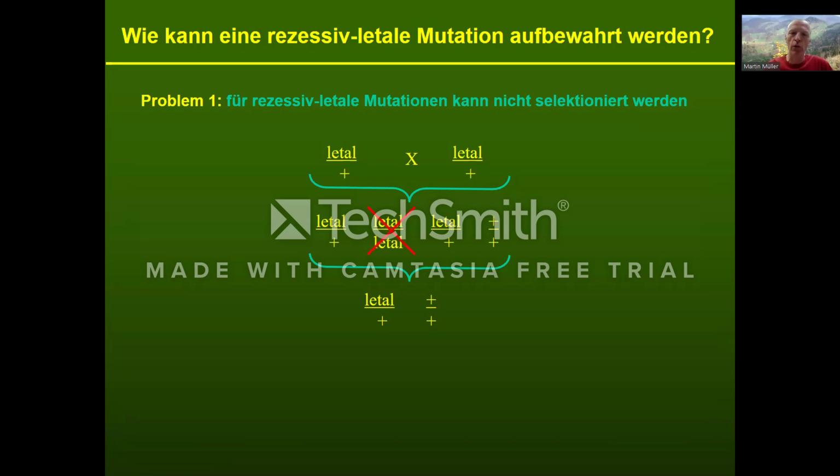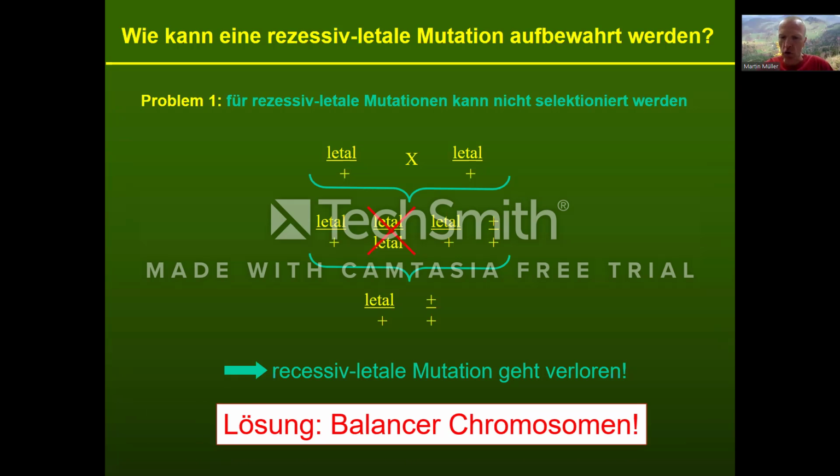So how should you ever be able to maintain a stock containing this lethal mutation if you cannot select for it? If you think of this crossing scheme here, you will realize that at the end you have lost your lethal mutation and you can never work with it again. So the solution for this problem is balancer chromosomes. Why? I will show you in a second. So that's one thing. You need balancer chromosomes to maintain embryonic lethal mutations, for example.